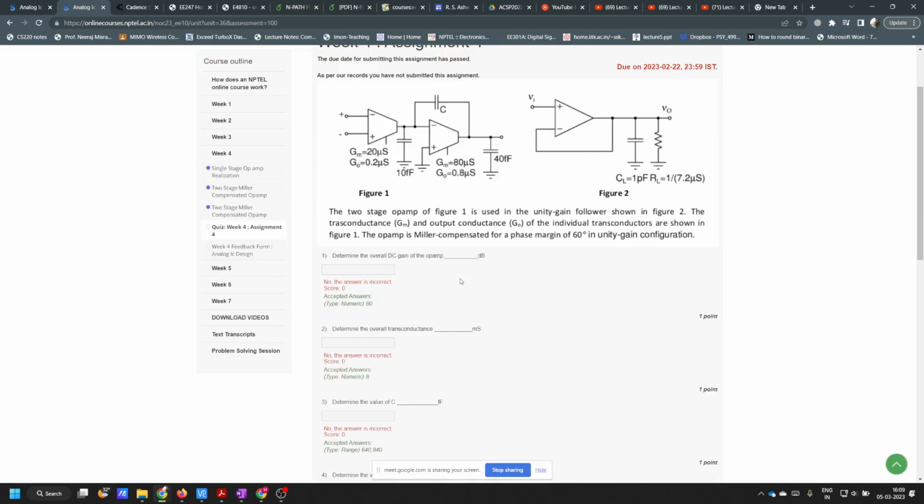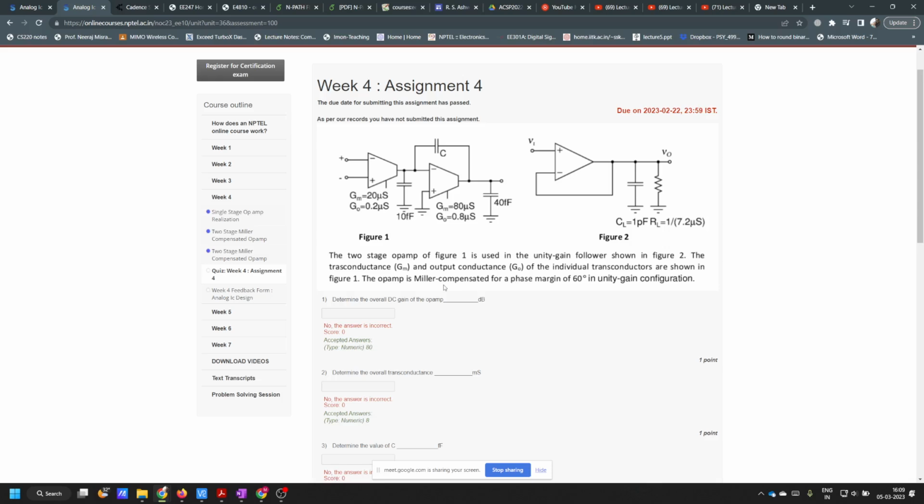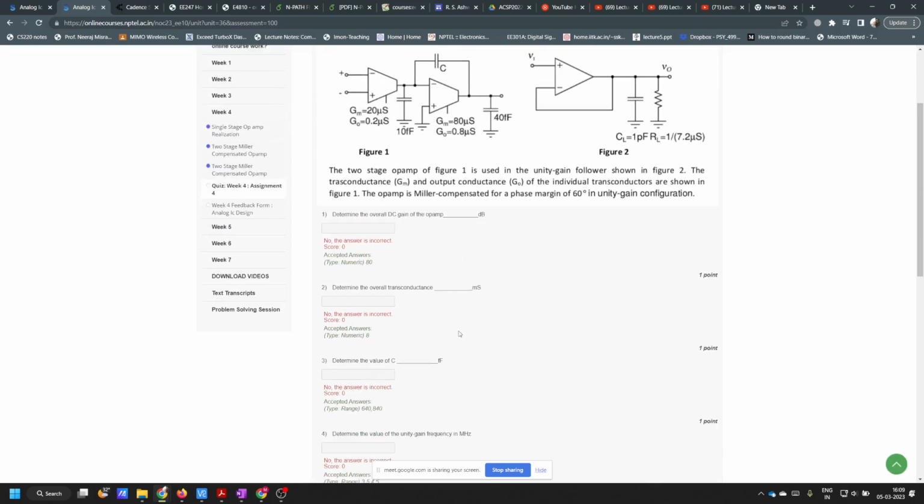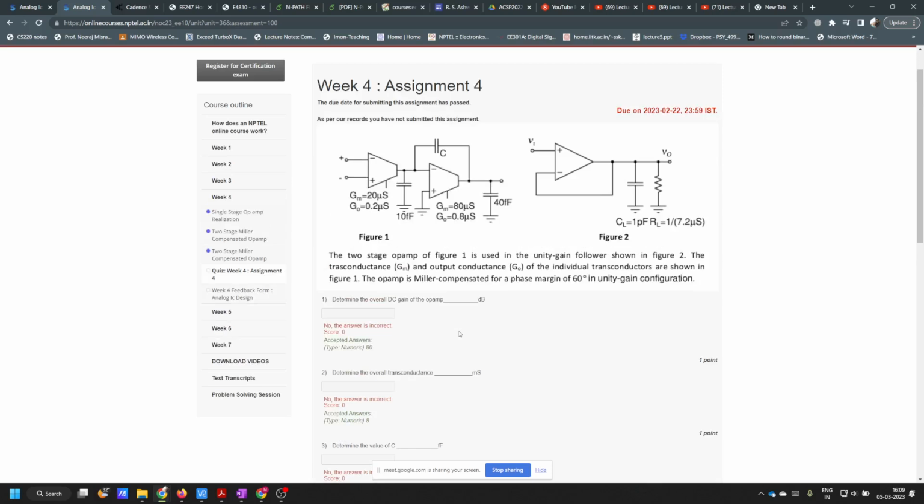Yes. In this set of problems, when we are told to calculate the non-dominant pole P2, after all the intuition, when we are going for the formula, P2 is something like gm2 into C by C plus C1, plus g02 by CL, that series combination of C and C1.